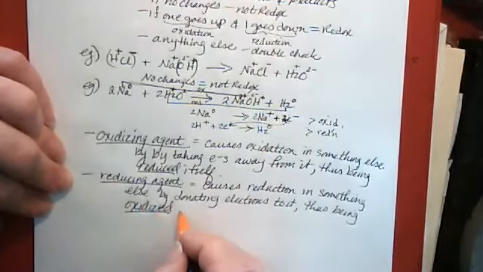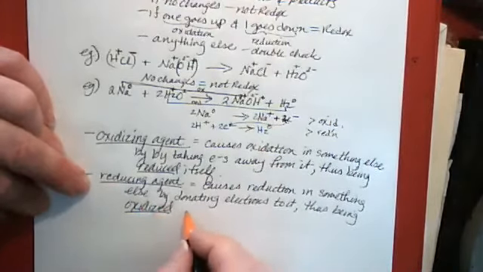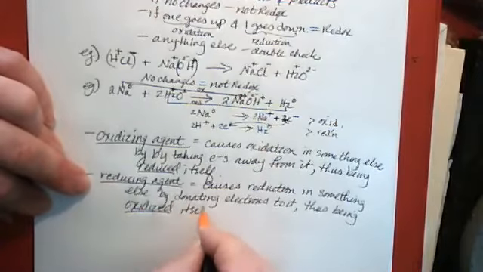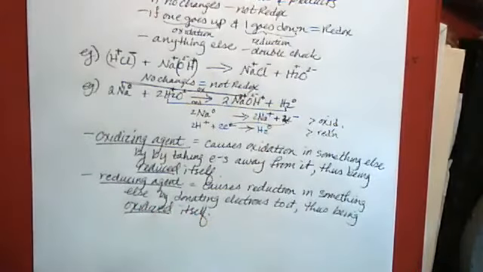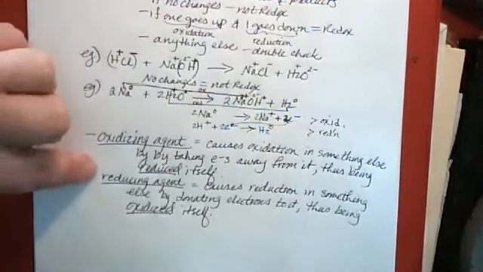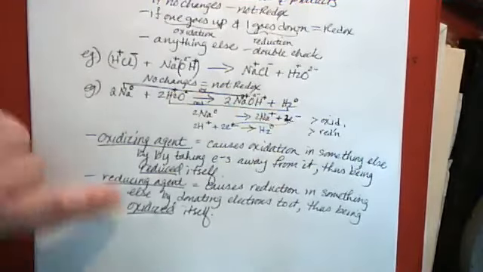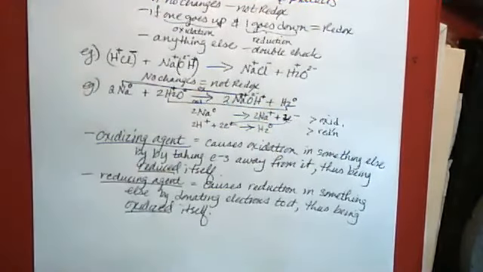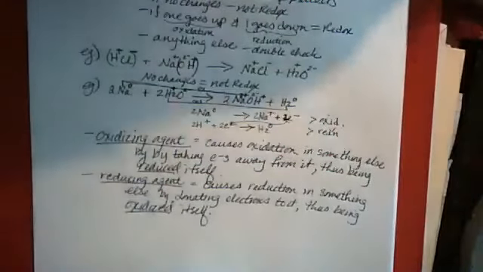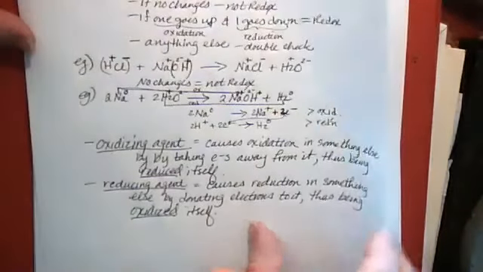And by giving away electrons, the reducing agent is actually oxidized. So again, just think of it as the word agent turning things around. The reducing agent is the stuff that's oxidized. The oxidizing agent is the stuff that's reduced. And so we can look at some examples of that also.